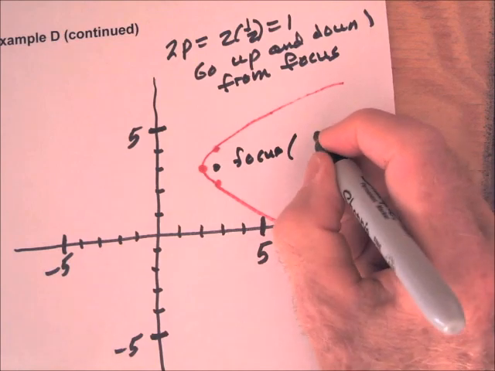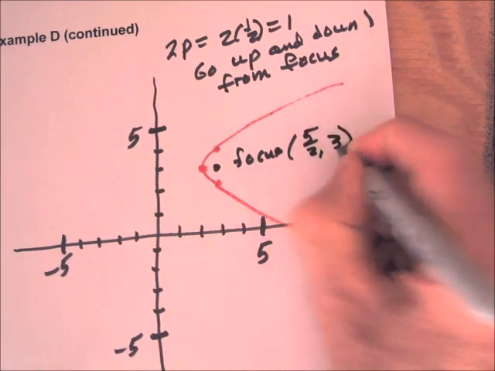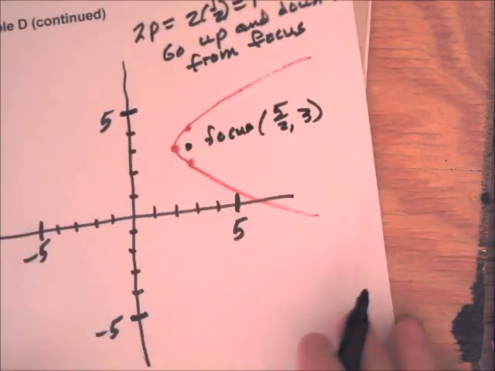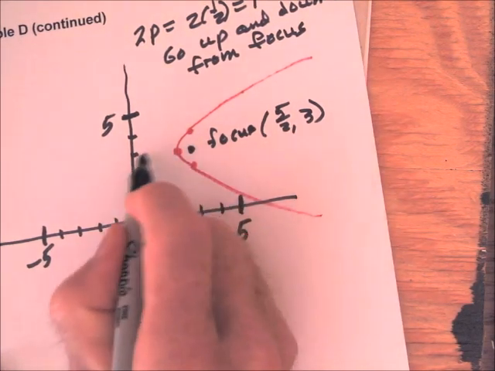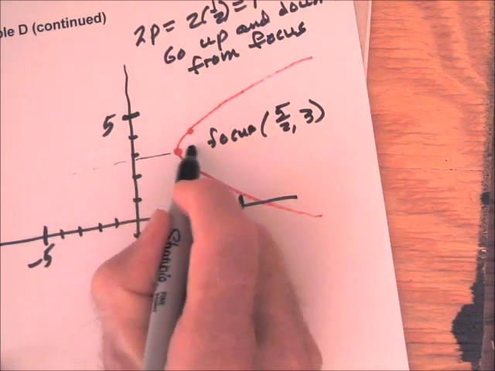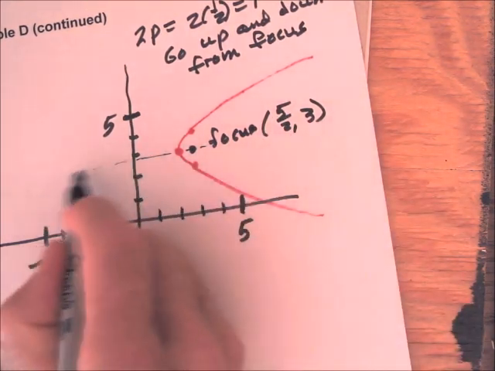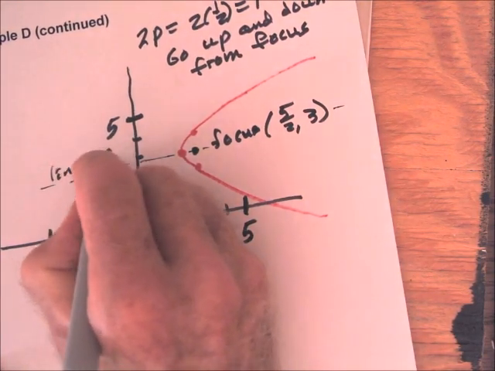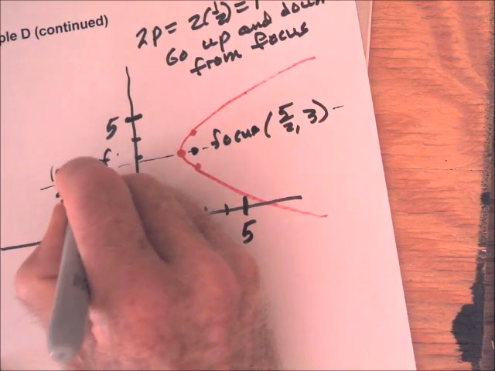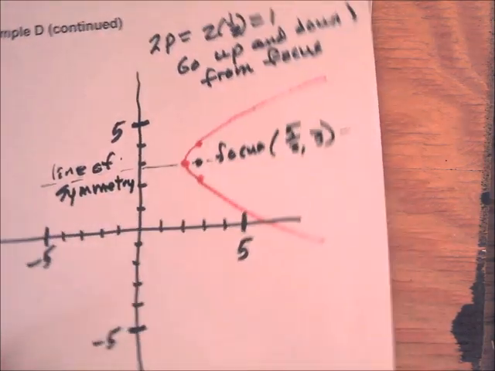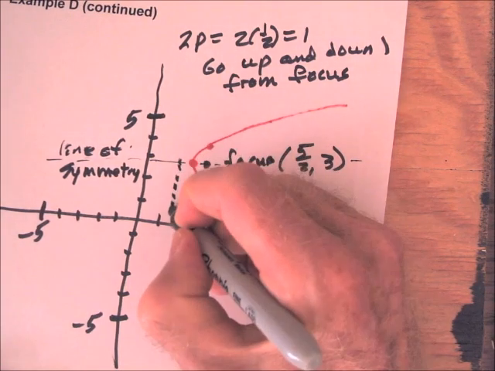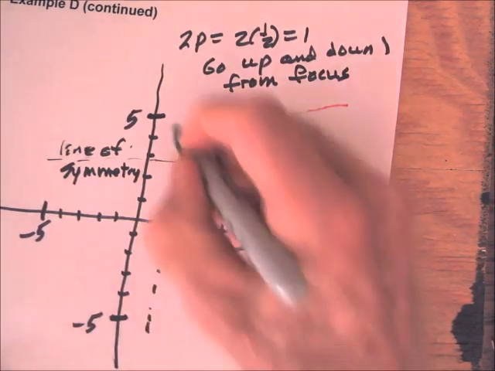That's 5 halves, 3, and this other point is the vertex. The line of symmetry goes through the focus and the vertex. This line here is the line of symmetry. And then if we go p to the left from the vertex, we get the directrix. This is the directrix.